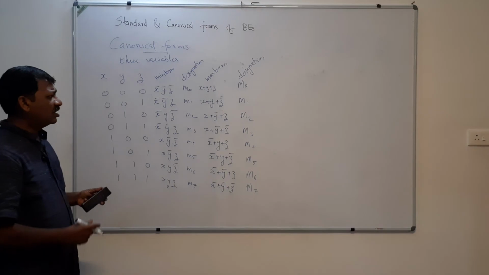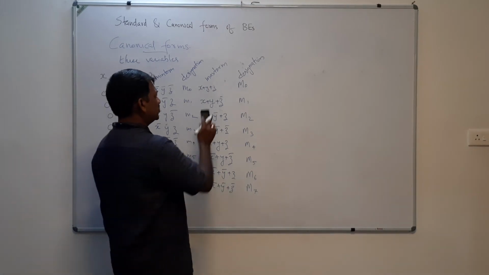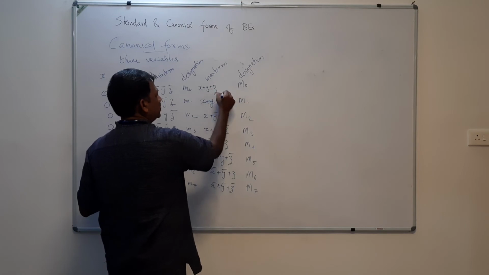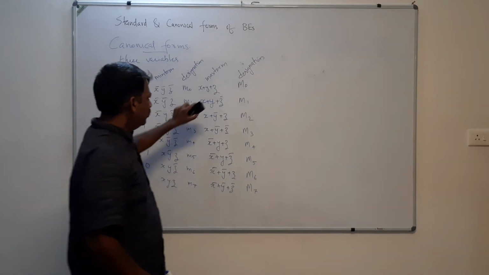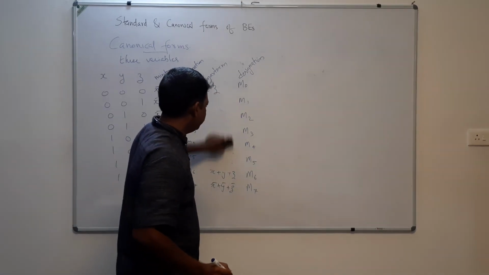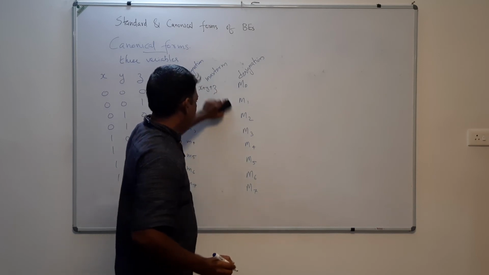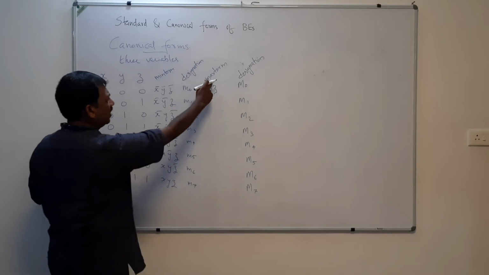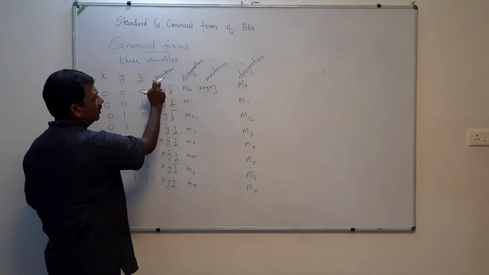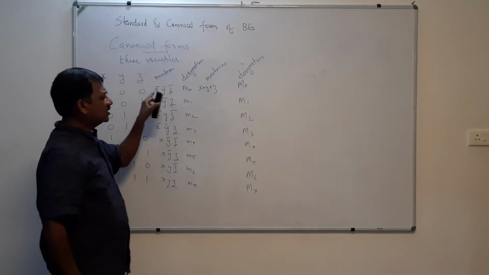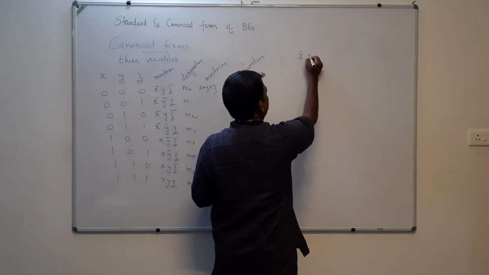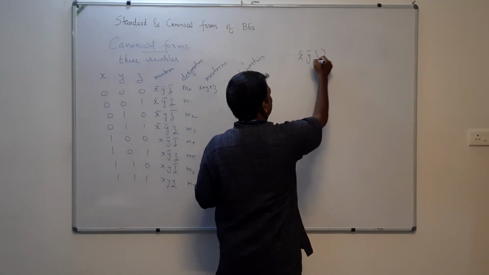And now these are the max terms. Max terms, see, how to write this? I will explain this. This max term is the complement of the min term. That means x bar, y bar, z bar, the whole bar.